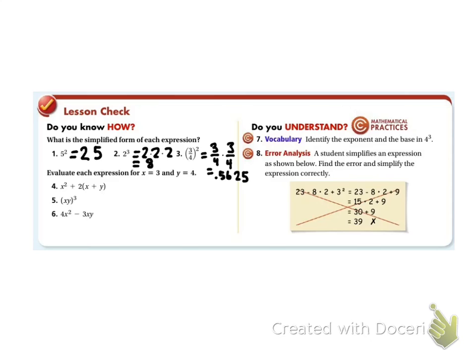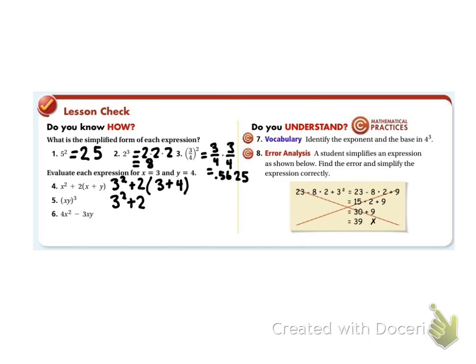Okay, if I evaluate each expression, that's when I need to plug in a number for my letters, for my variables. So I'm told that x equals 3 and y equals 4. So if I plug into this first one, I get 3 squared plus 2 times (3 plus 4). I have parentheses, so I need to do that first. So I'm going to leave my 3 squared alone and my plus and my 2 alone.